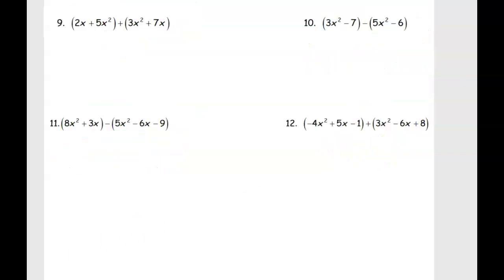Okay, moving on. All right, so now we're introducing, we've got some parentheses. All right, in this example, we have two binomials with parentheses. All right, if it's a plus between the parentheses, you don't need to do anything. It's just like distributing a positive 1. So I would highly recommend you just rewrite without the parentheses.